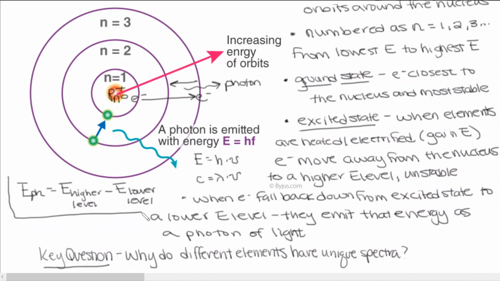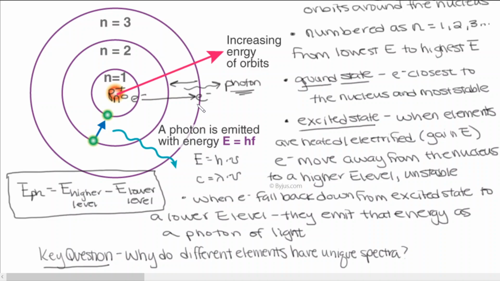So however much energy the third energy level has minus how much energy the second energy level has is how much energy got emitted in that photon of light. And that's how, you guys, we're seeing these different colors.